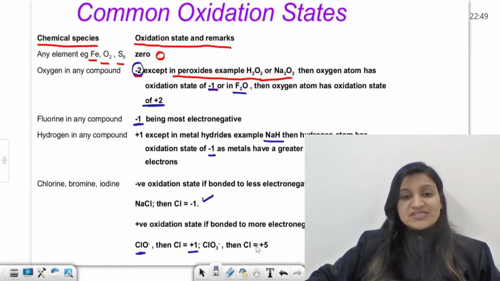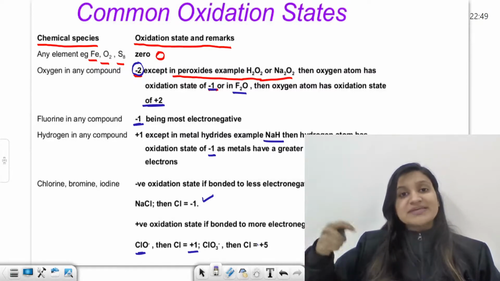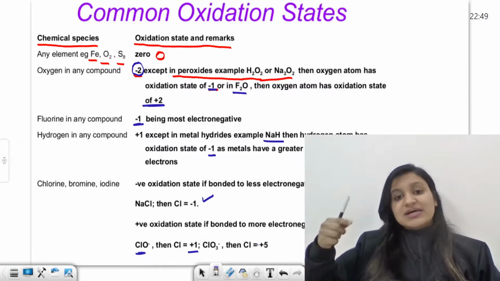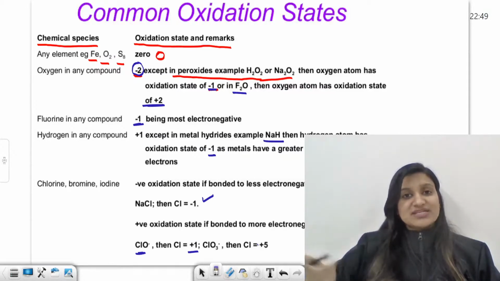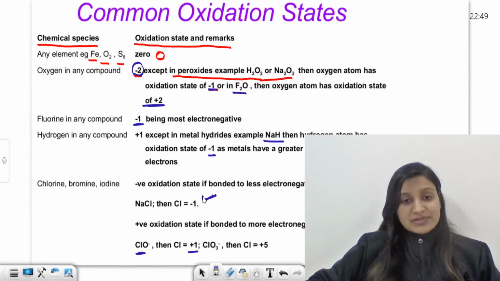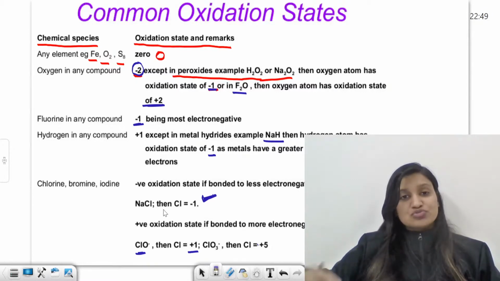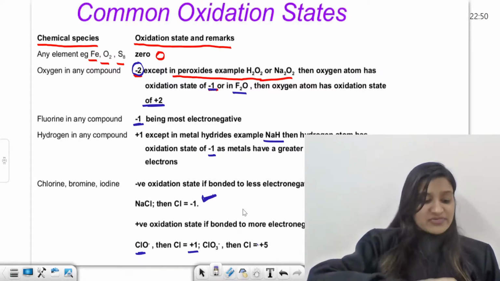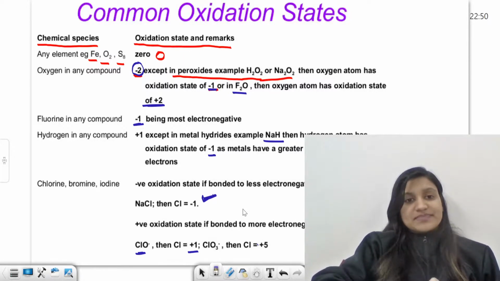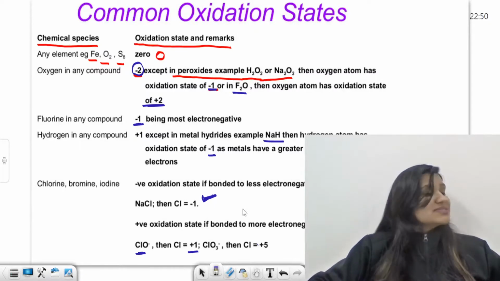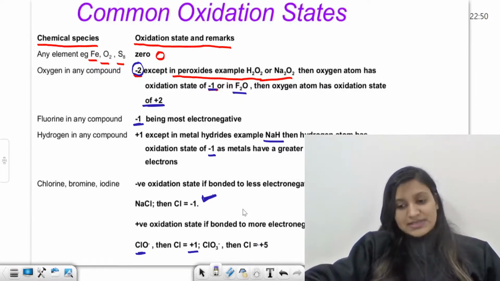So if chlorine is bonded with a less electronegative element, its oxidation number will be -1. But if chlorine is connected to a more electronegative element, then its oxidation number will become simply +1. Let's move ahead.